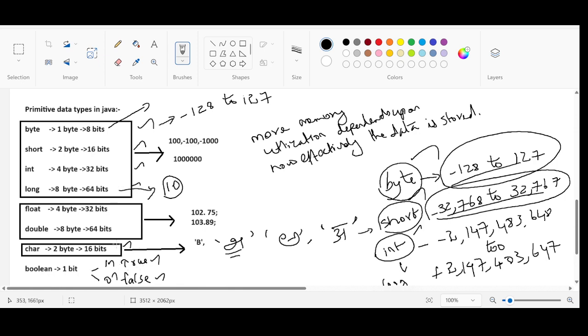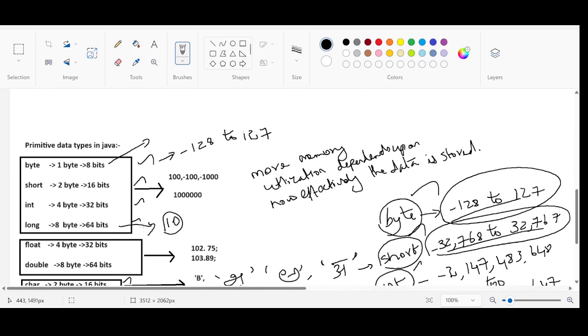In non-primitive data types we will be storing a huge sequence of characters, like your name, your address, right? These are the things that require a lot of space. To do that we go for non-primitive data types. First we need to understand what a primitive data type is, right?